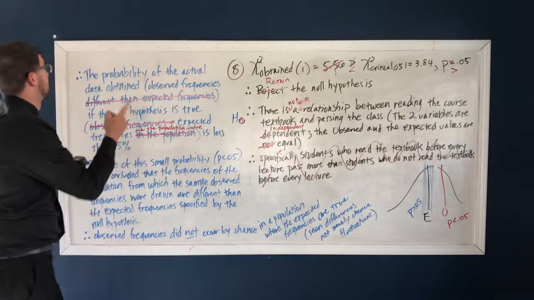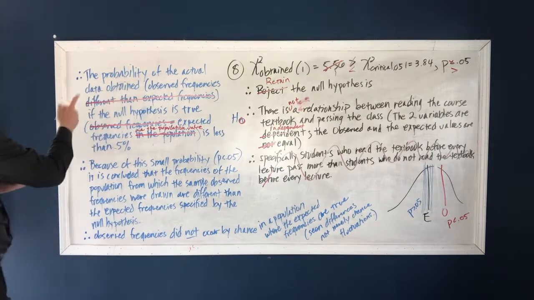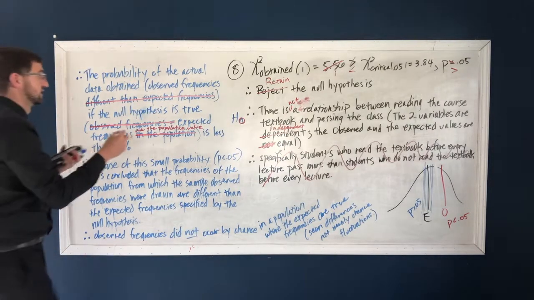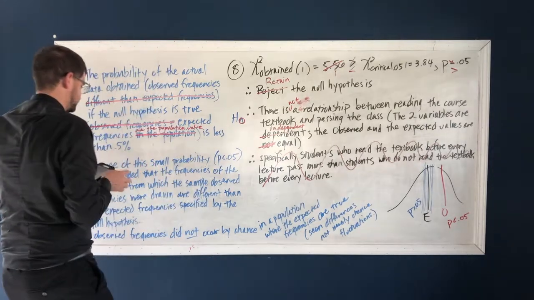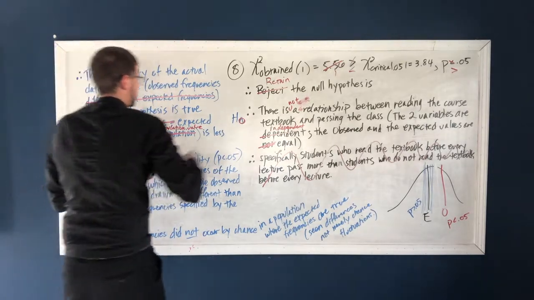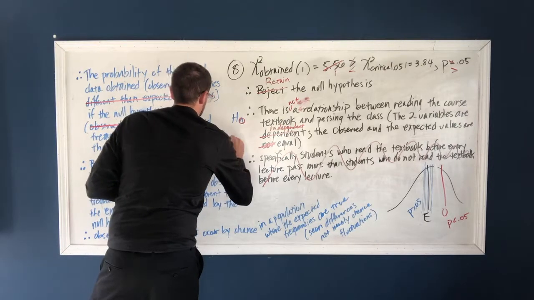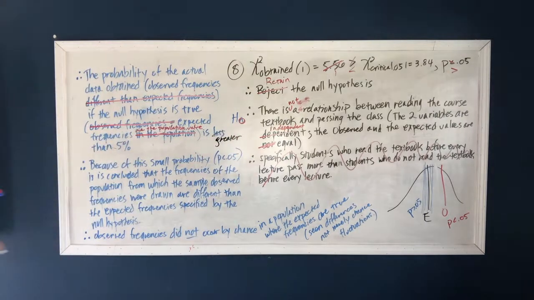The probability of the actual data obtained if the null hypothesis is true would change to greater than 5%.